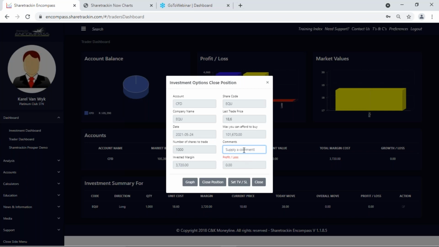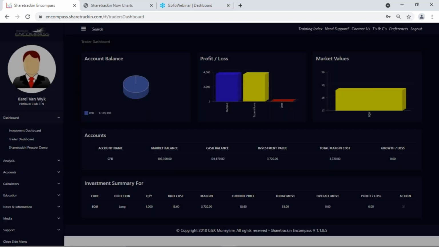So the reason for selling, I always put in, I've made 300 Rand or I lost 200 Rand or whatever the case may be. So what I physically made or lost on the share, so that I can always refer back to my transaction history and see what's going on there. And then I just click on close position again and the share would then sell. So now I say close.